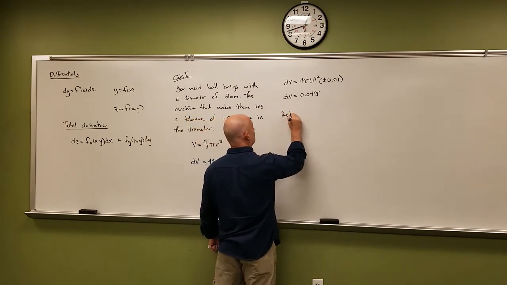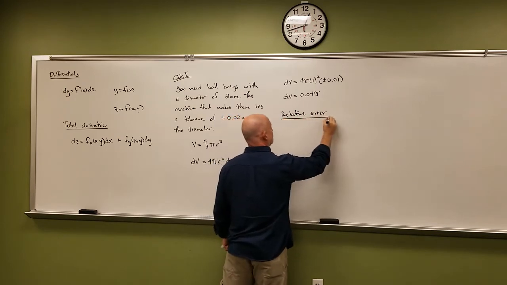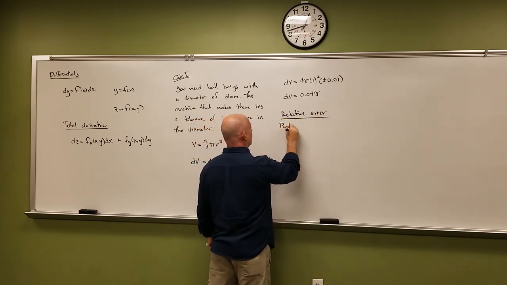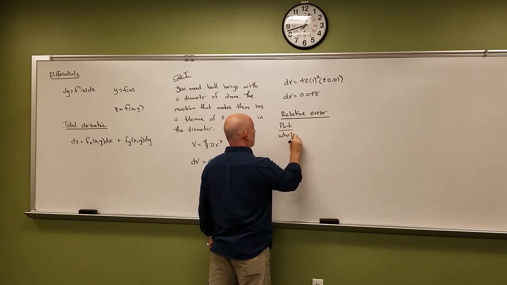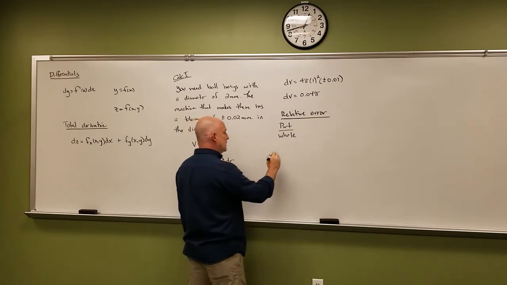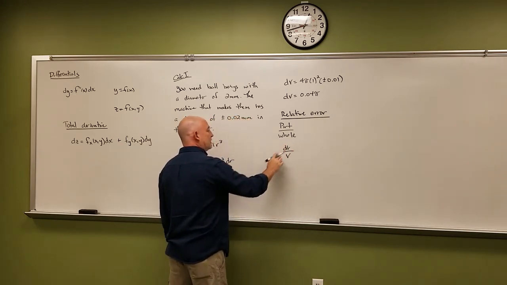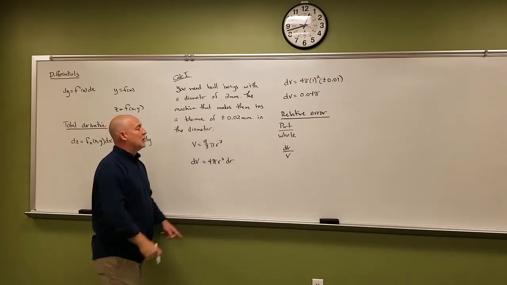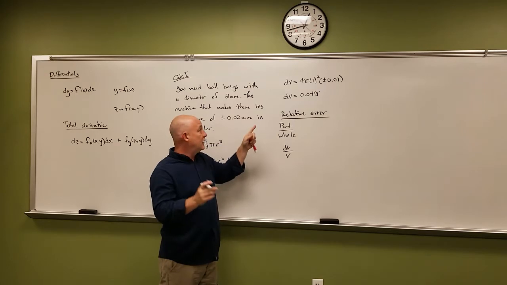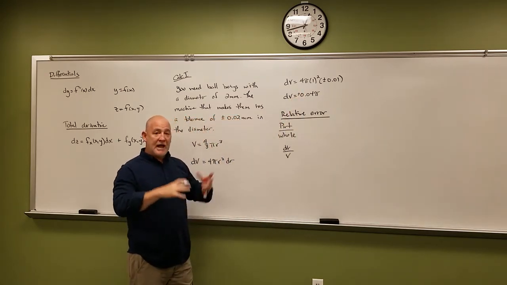You've probably seen this in your science classes. It's always the part over the whole kind of thing. So our part here would be dV over what the volume should be. We're going to compare the possible biggest error in the volume, which by the way is plus or minus right there, to what the actual volume is.